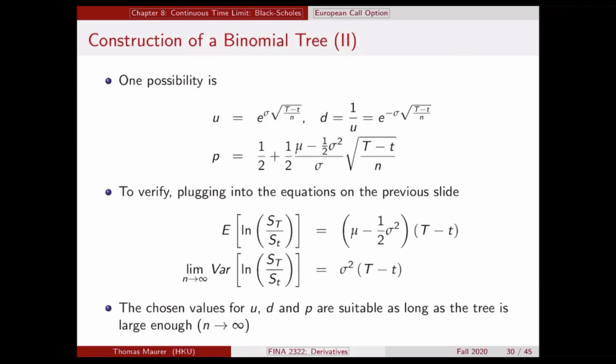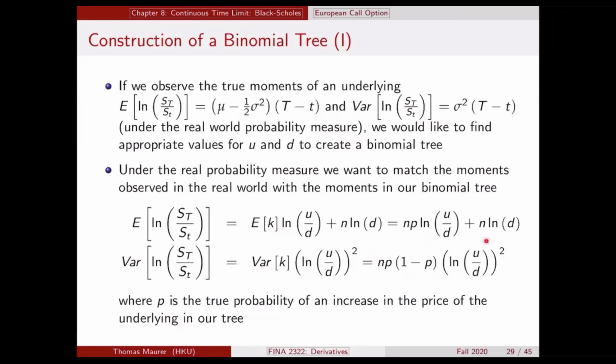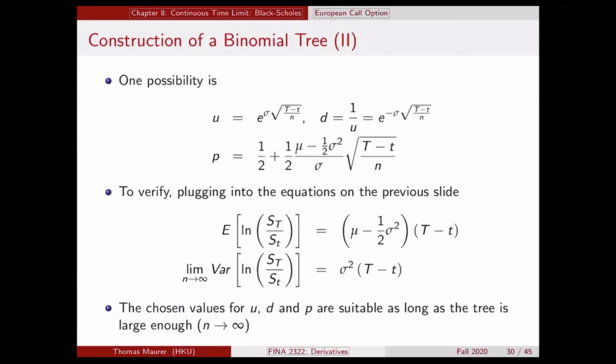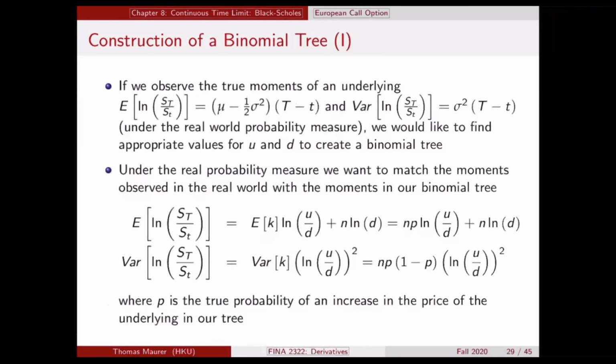And similarly, if I plug in U, D, and P in this equation over here, and taking the limit of n going to infinity, then I can show that this gives me exactly sigma squared times the time horizon. And this thing is indeed exactly that formula which I have if I observe the log return.